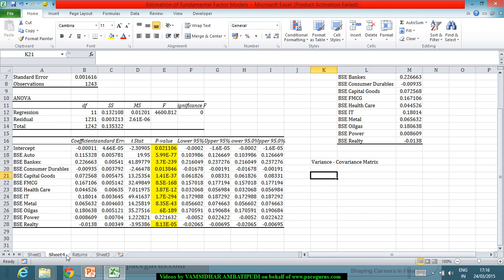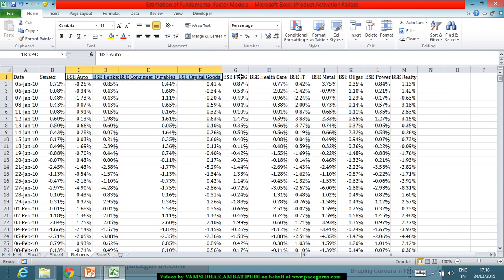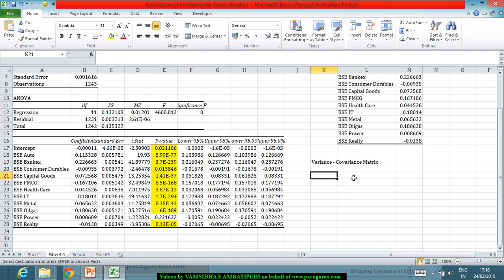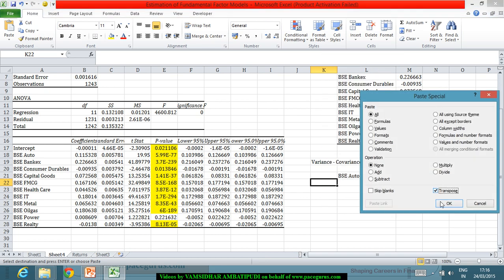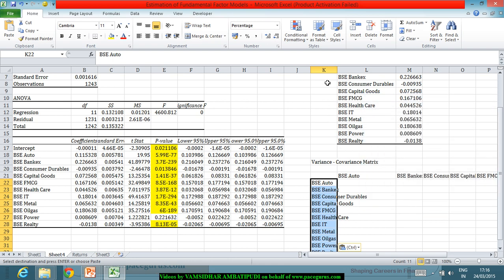So for that I will take these headings as they are. Here I will consider these headings, and here also I'll consider the headings in the form of a transpose.